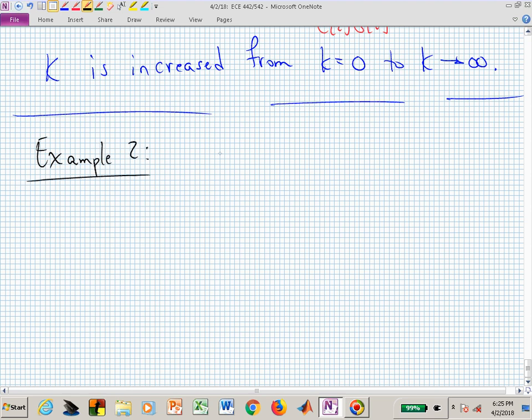Example 2. Suppose that g of z is now equal to 1 over z times the factor z minus 3 halves. And let's again just assume that our controller is a proportional controller.